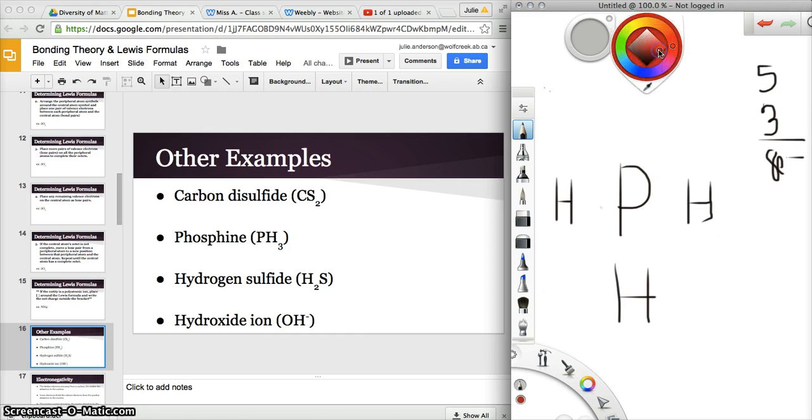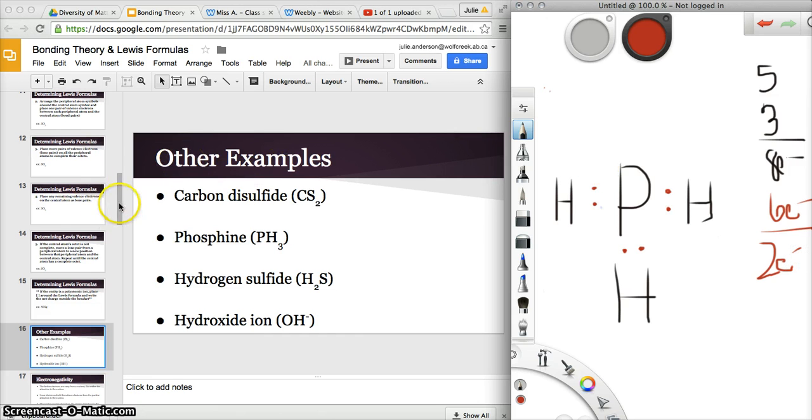Now, again, remember that we have to start by putting electrons between our bonded atoms. So I have a pair of electrons between each hydrogen and the phosphorus central atom, like so. So right now I've used up 6 electrons for each bonding pair, leaving me with 2 electrons remaining.